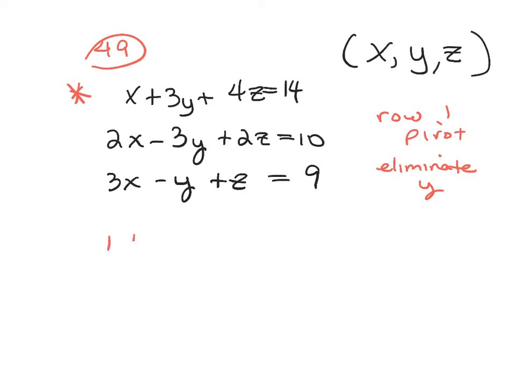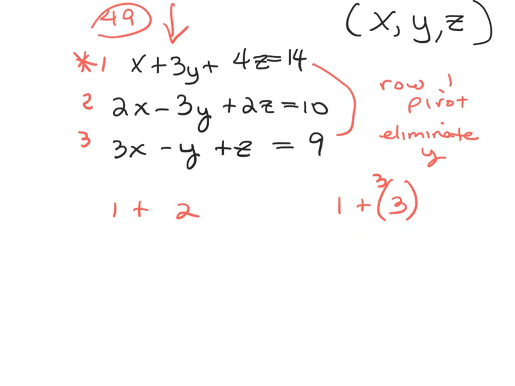So I'm going to add 1 to the 2 and 1 to the 3. Now, in order to eliminate Y though, when I add row 1 to row 3, I also have to multiply row 3 by 3 to get it to eliminate.